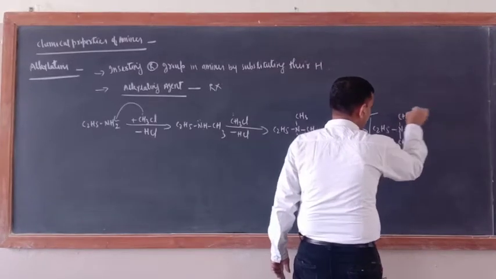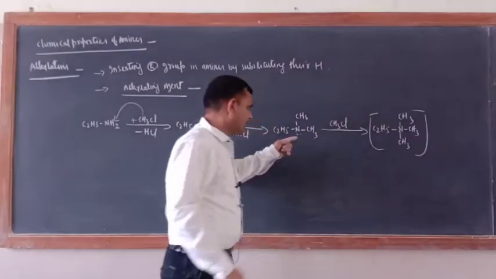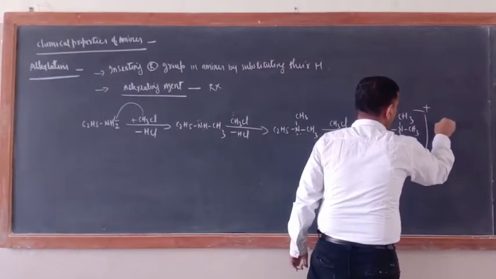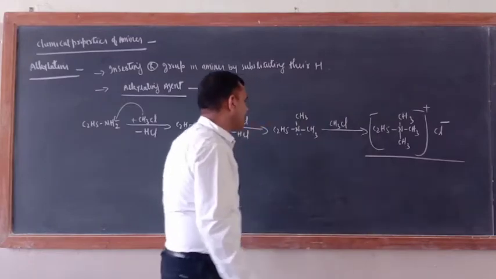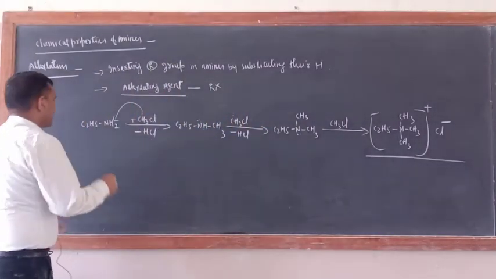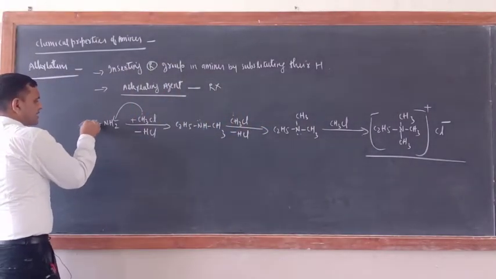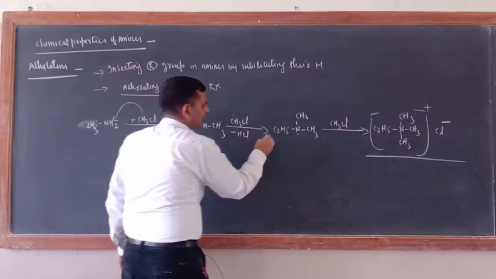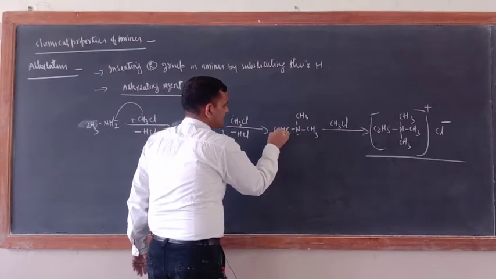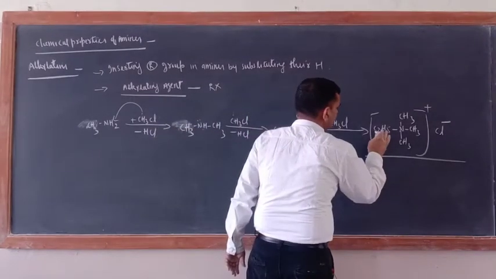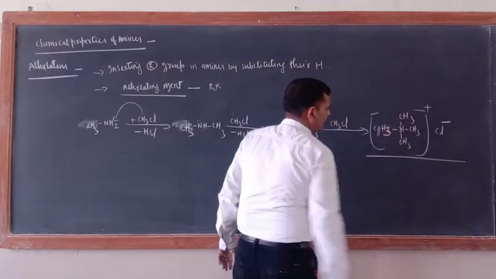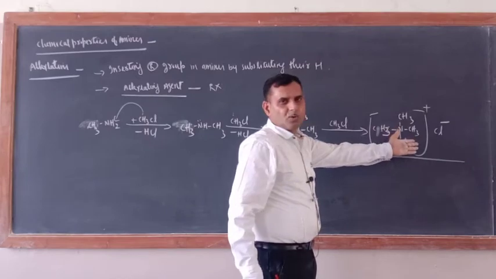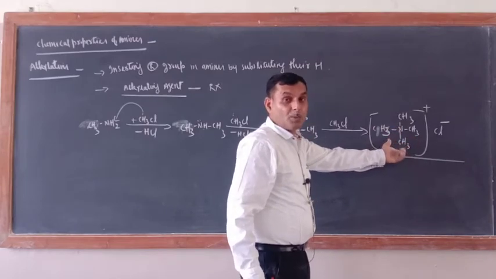This reaction is because of the lone pair of electrons. That is why there is a positive sign here and Cl negative. This is a quaternary ammonium salt. If you are having any problem, you can take CH3 everywhere for uniformity. So what is the name of this one? Tetramethyl ammonium chloride. This is a quaternary ammonium salt.